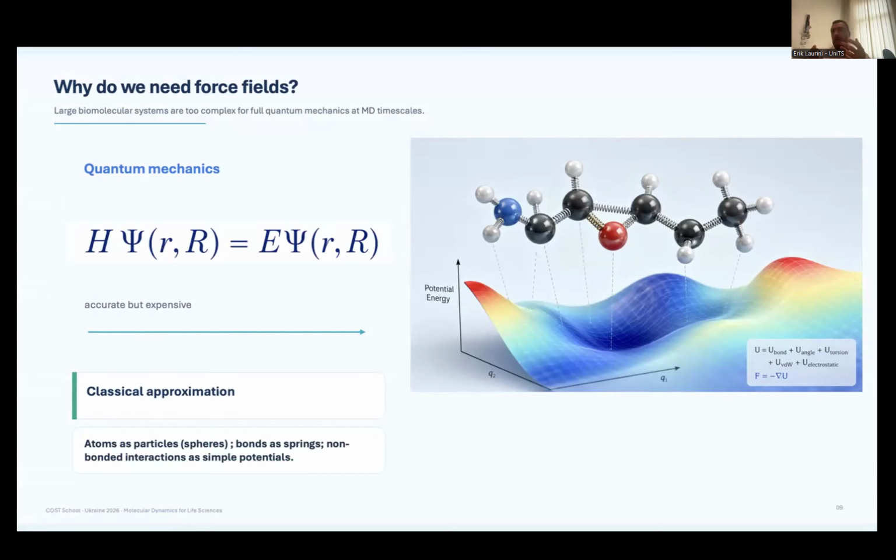With the Born-Oppenheimer approximation, we are able to describe the energy of the molecule connected to the coordinates of the nuclei, to the position of the atoms, and the geometric aspect of the atoms. This is the most accurate, the most precise way to simulate a molecular structure, but it's also the most expensive from a computational resource point of view.